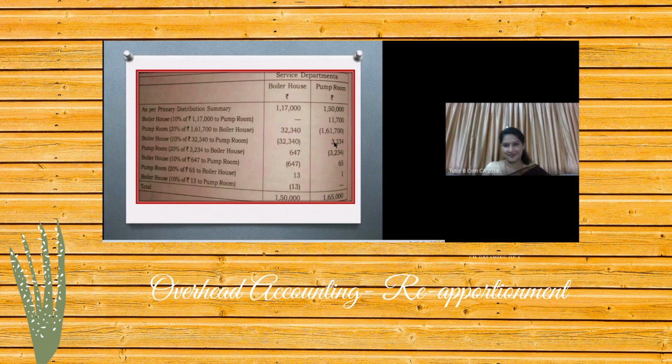Now the next stage, we will share the expense of pump room with boiler house. We know that 20% of pump room expense is shared with boiler house. So we will take 20% of 3,234, which is shared with boiler house, and we nullify this 3,234 by putting it in brackets.